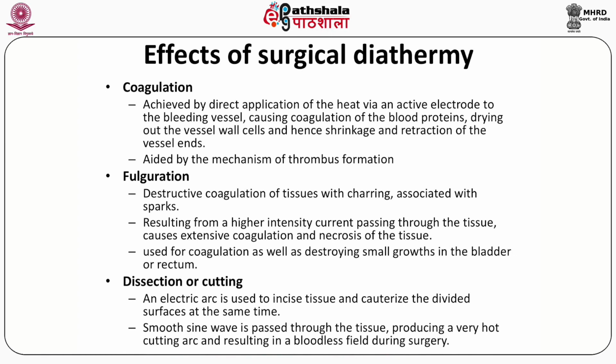So these are the three effects on which surgical diathermy works: coagulation, fulguration, and dissection or cutting. For coagulation and fulguration, bipolar diathermy is used, and for dissection or cutting, monopolar diathermy is used mostly.